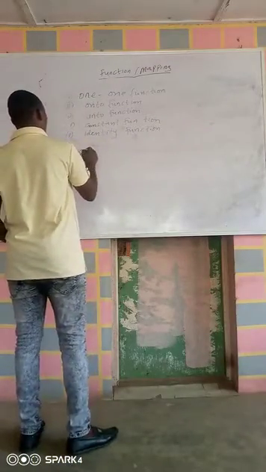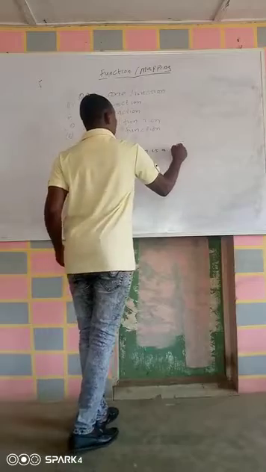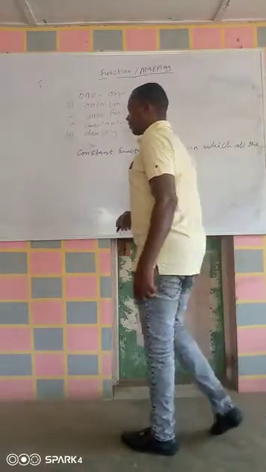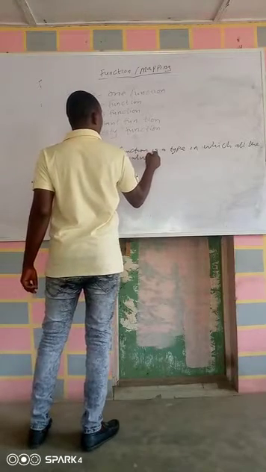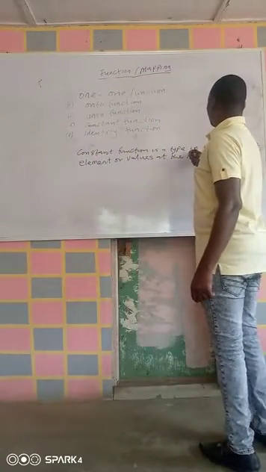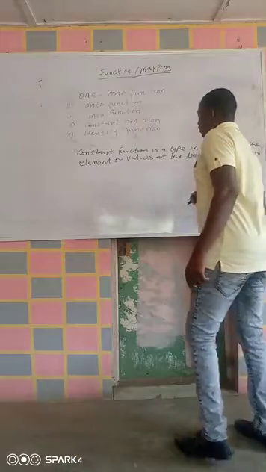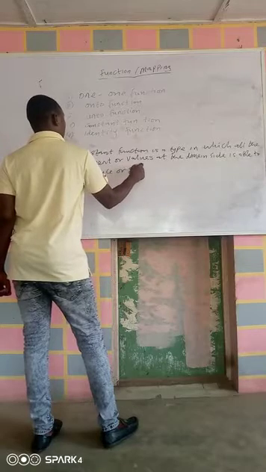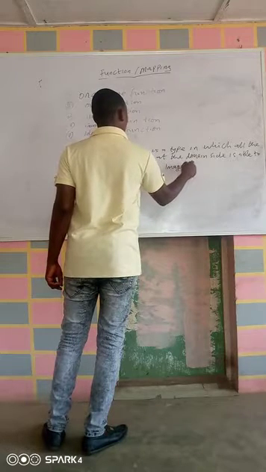A constant function is a type of function in which all the elements or values at the domain side are able to produce or give one image or range.